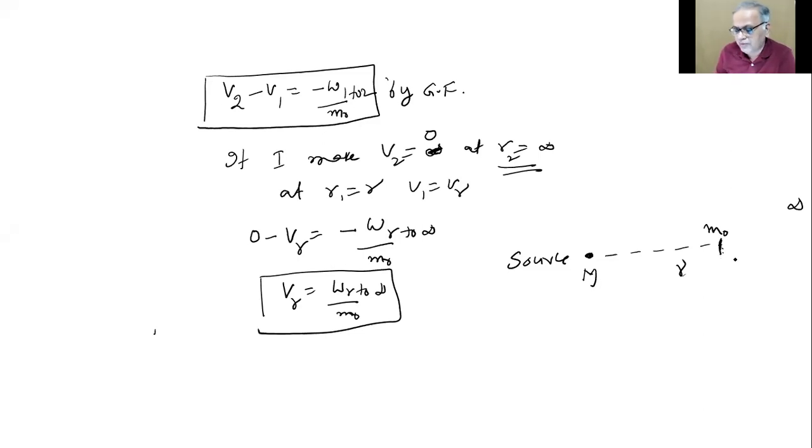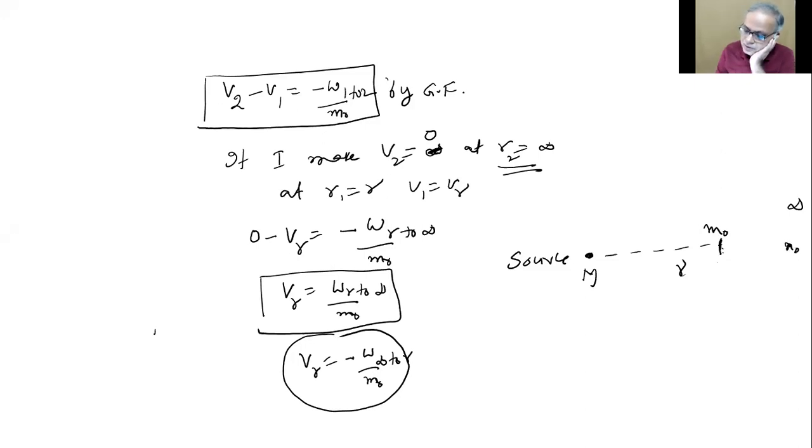But the problem with this kind of definition is that you are defining the potential at this point. So taking it there, you will forget the fact that you are defining potential here. Therefore, we'll write it this way: V at R equals minus W from infinity to R by m naught. That means supposing m naught was at infinity, you are bringing it here.